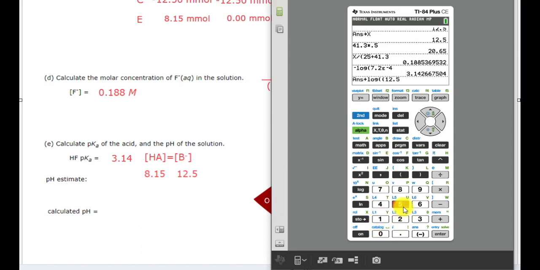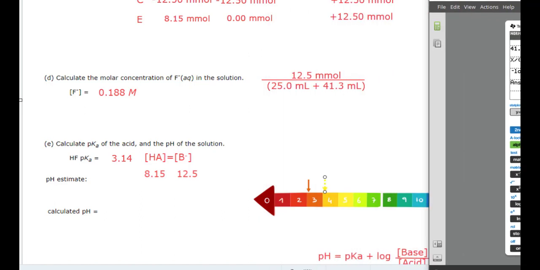This is going to be a positive log because our denominator is less than that, 8.15. So there's going to be a positive value, and we add that to there. Let's see what we get. How good was my guess? 3.32. All right, I'll make it 3.33.